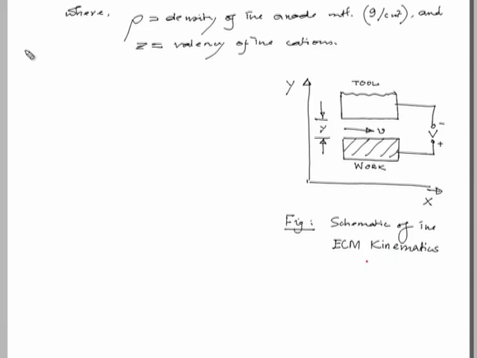Where V is the electrolyte flow velocity.